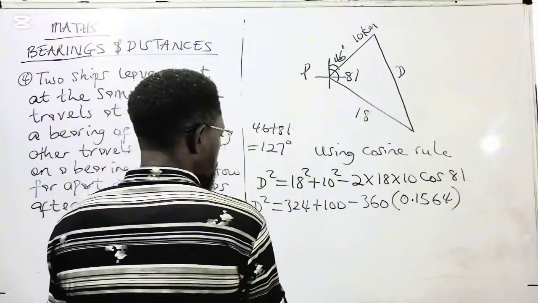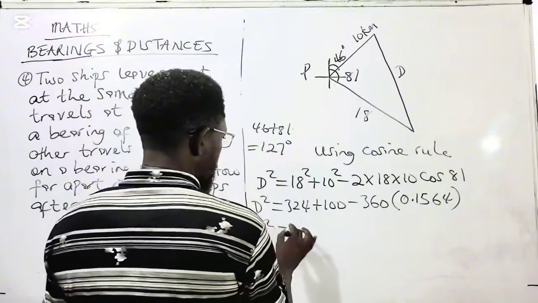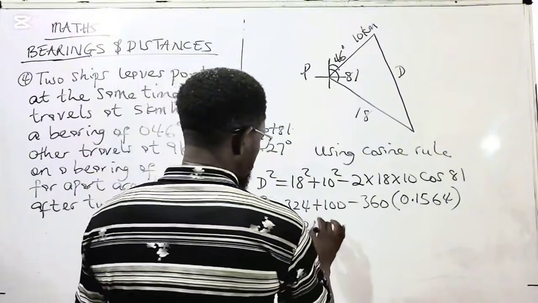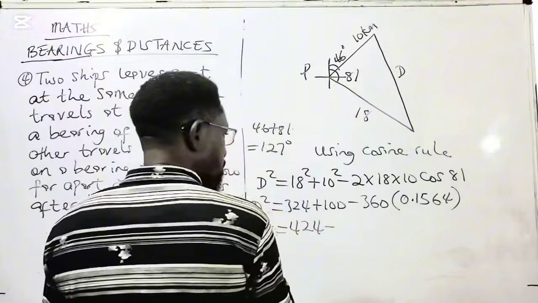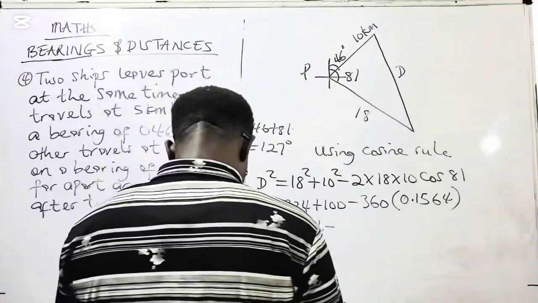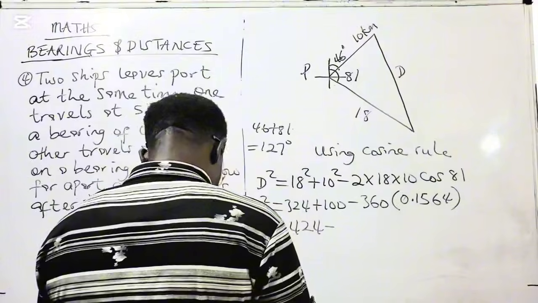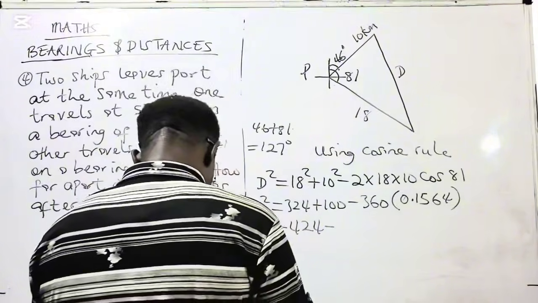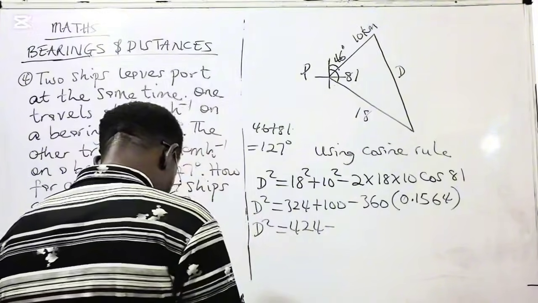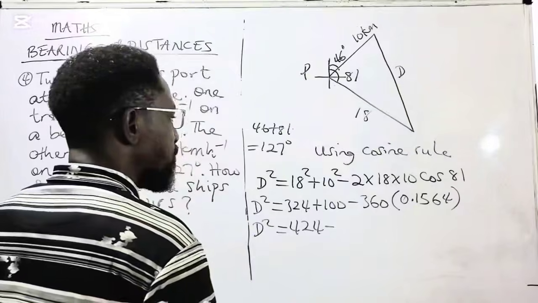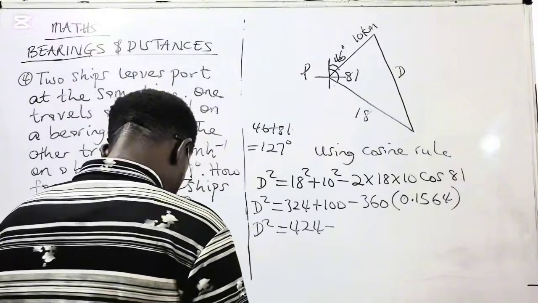So now this square equals 424 minus 0.1564 times 360.